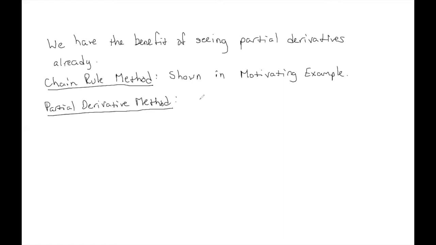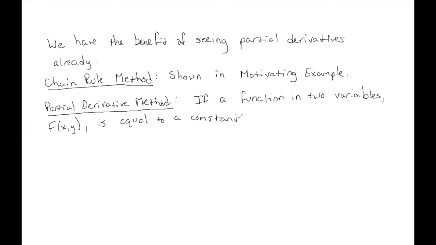So if a function in two variables f of x, y is equal to a constant c, then dy dx is equal to the negative of the partial of f with respect to x over the partial of f with respect to y.